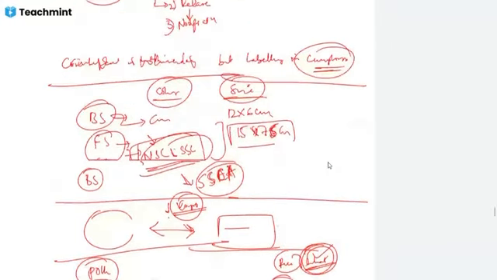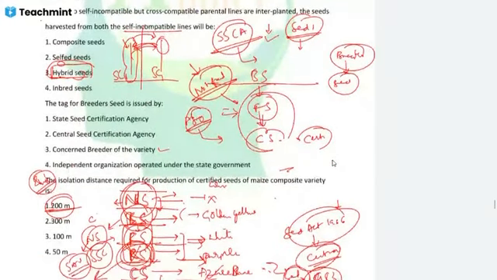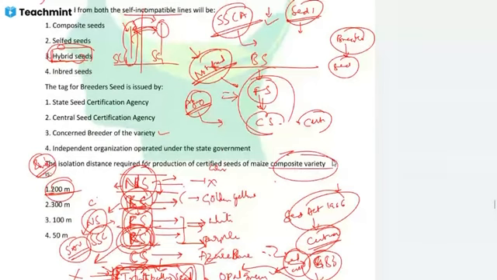Here in the question, you can observe they have asked for composites. What if they had asked for hybrids? Does the answer remain the same or does it vary? If I ask for the isolation distance for certified seeds of maize hybrids, is it the same 200 or does it change? Okay, 300 meters, you are saying that it changes.